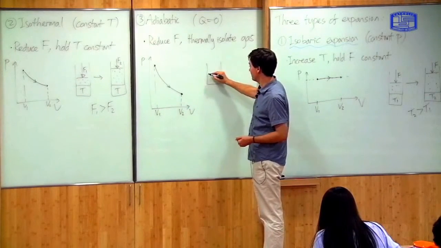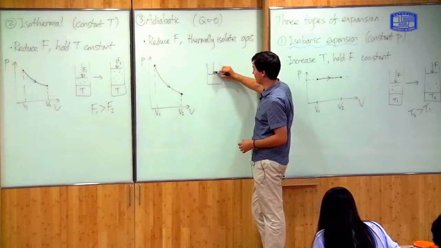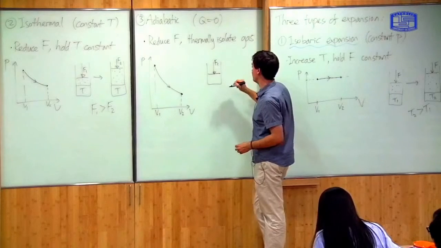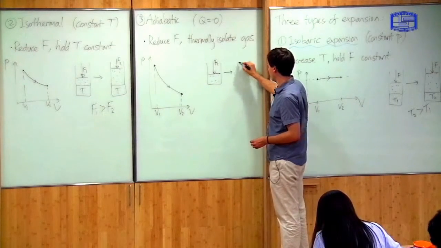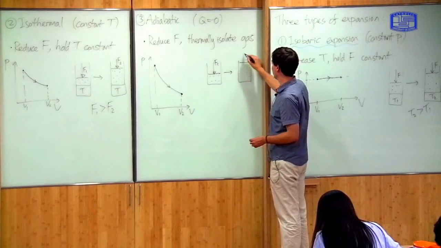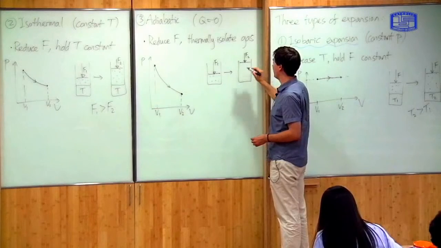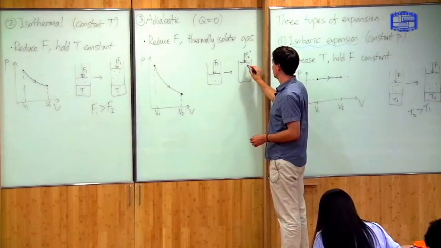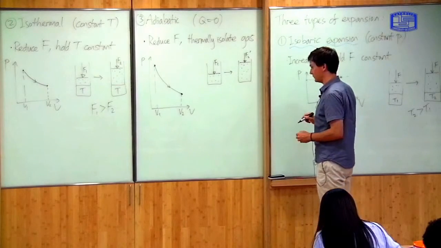What's happening in terms of the pictures, though, is we thermally isolate it, so no heat can flow inside or out of the gas. You start with force F1 here, and we reduce the force to F2 and allow it to expand.